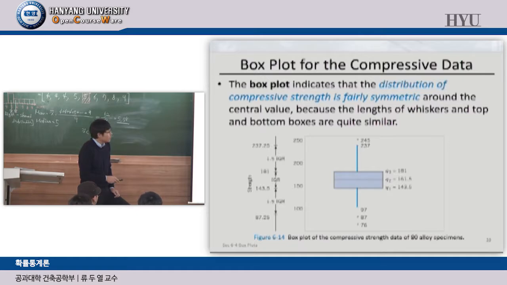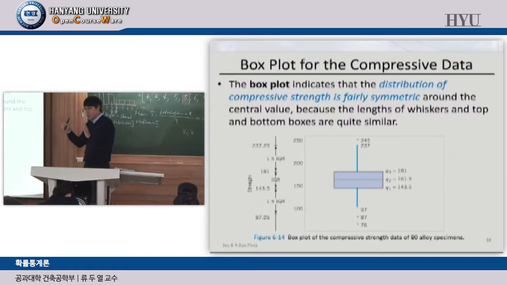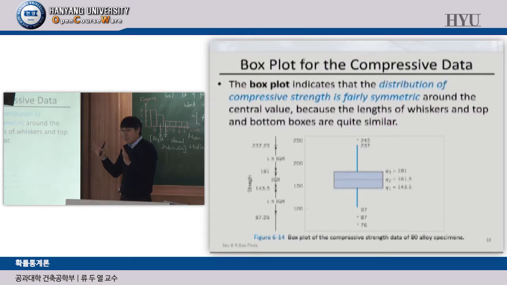Okay? And this is quite a symmetric distribution. From the previous histogram, we can determine the shape of the distribution of the data, right? So we can determine whether the data points are symmetric or asymmetric.